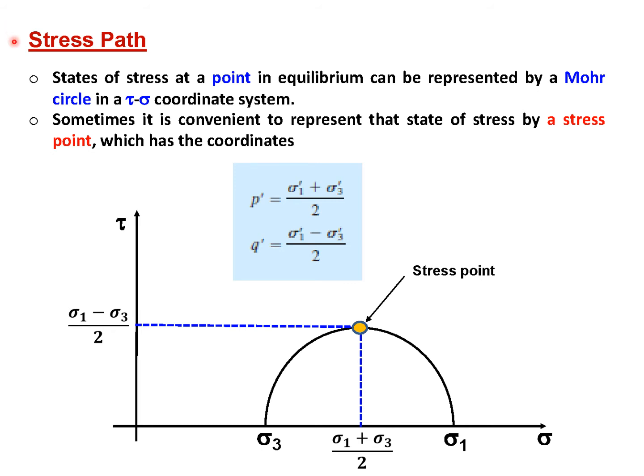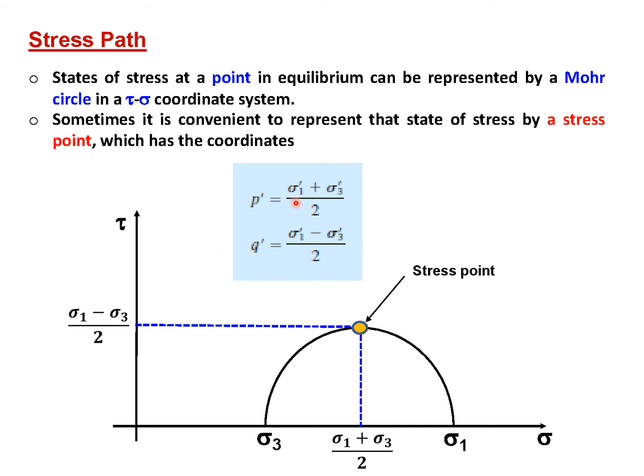Now we have reached this topic, the stress path. That is very, very important. States of stress at a point in equilibrium can be represented by a Mohr circle in a tau sigma coordinate system. Sometimes it is convenient to represent that state of stress by a stress point which has the coordinates P dash and Q dash.